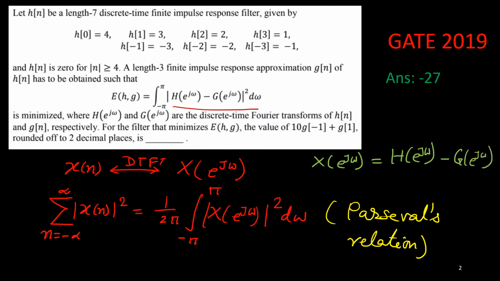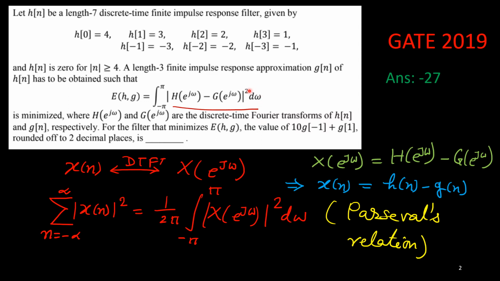In that case, in the time domain, if I take the inverse DTFT, then it will become the sequence x of n, and the right side sequence will be h of n minus g of n. That means if we consider x of n as h of n minus g of n, then the above one would be the spectrum X of e to the power j omega, right?